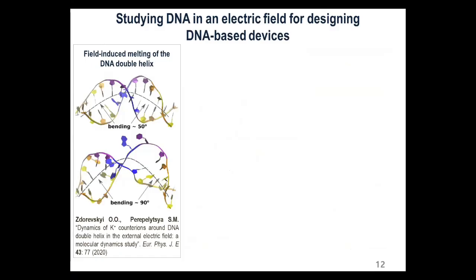And if the field is perpendicular to the double helix, we will have melting of the double helix. We can observe such so-called field-induced melting. DNA breaks, the hydrogen bonds break.